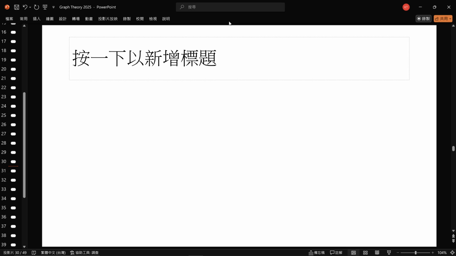By correct, I mean if the degree sequence is graphical, then this algorithm can really output a graph that realizes the degree sequence. And if the degree sequence is not graphical, then it will output not graphical. So that's our first goal today.